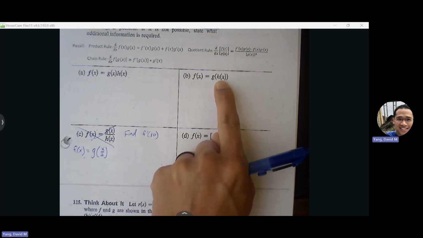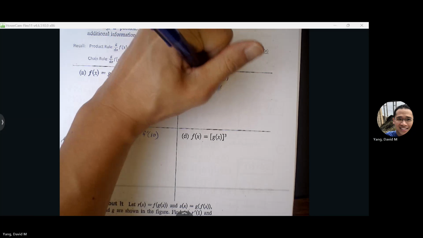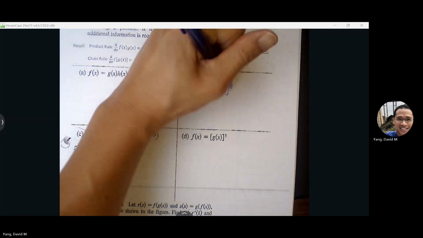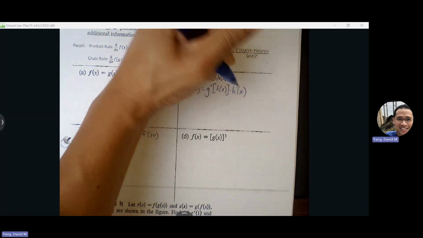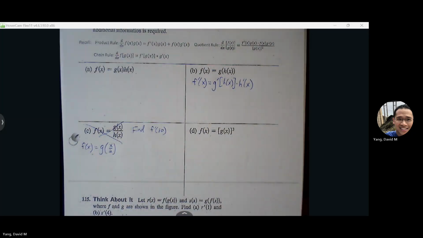It's not g of x times h of x, it's g of h of x. So there's a nested relationship here. So outside derivative times inside derivative. Replace every x with 5.